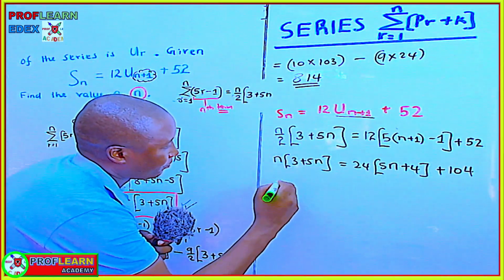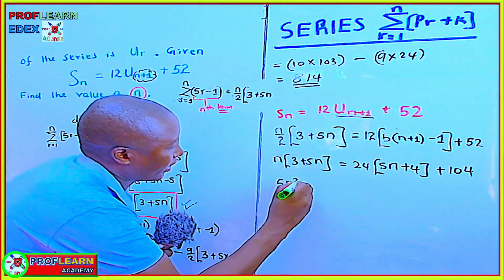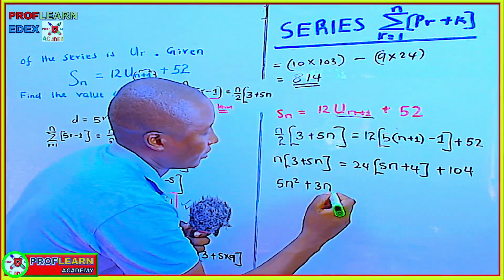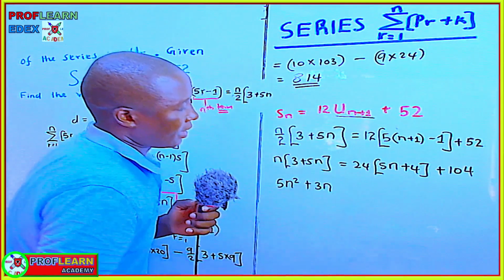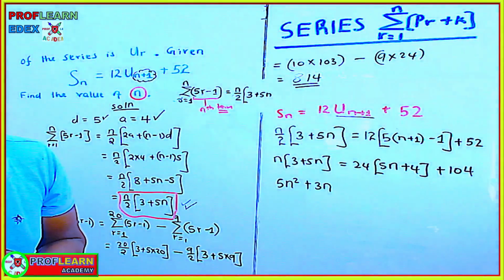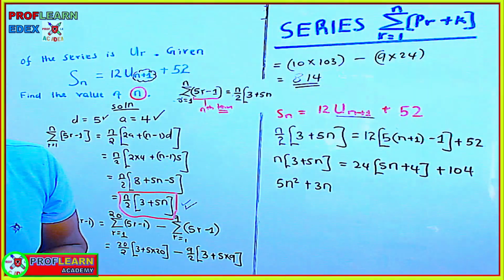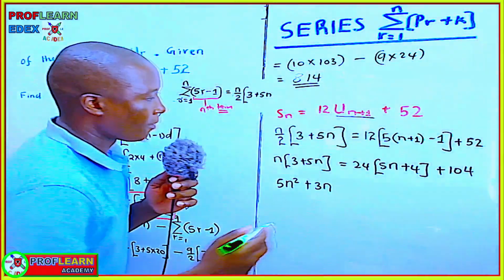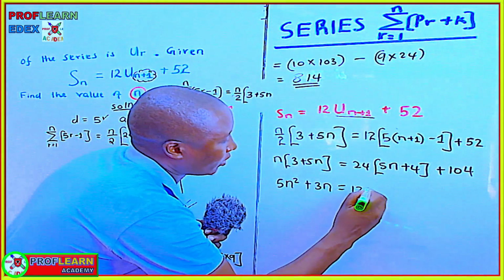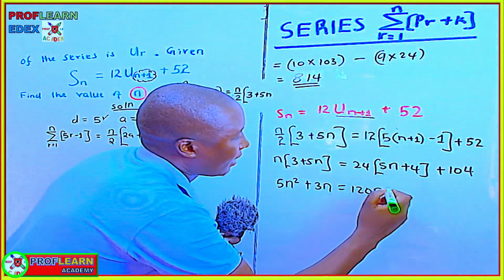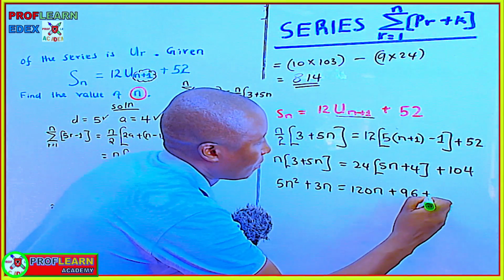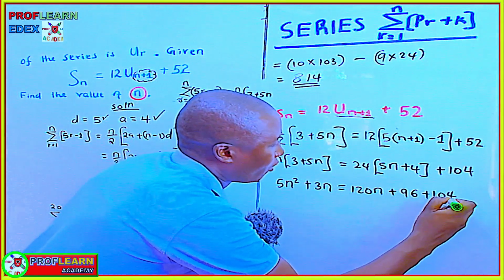Then we shall have 5n squared plus 3n, right? Plus 3n. And 5 times 24, 24 times 5 is going to be 120. 120n, and this is going to be plus 96 plus 1 of 4.